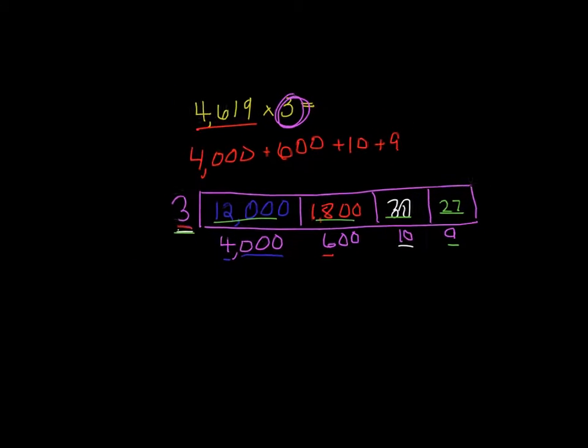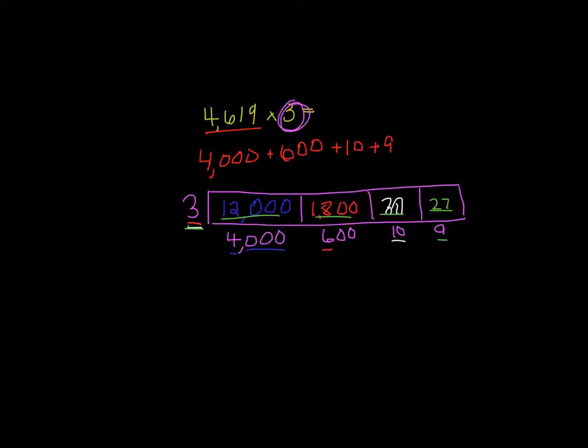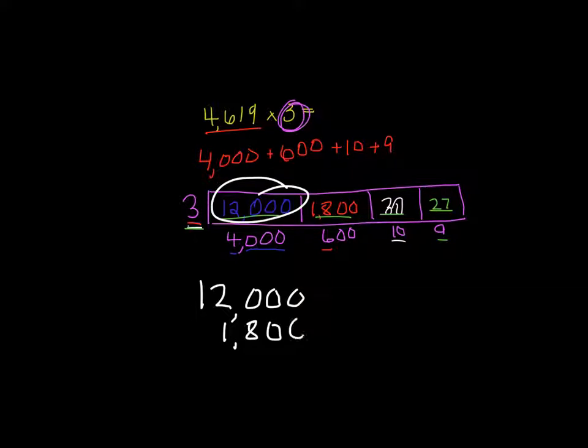Let me make this a little bit smaller so I have room. So 12,000 from this first box, 1,800 from the second box, 30 from the third box, and 27 from the fourth box.